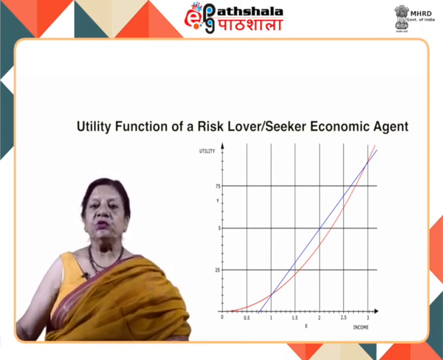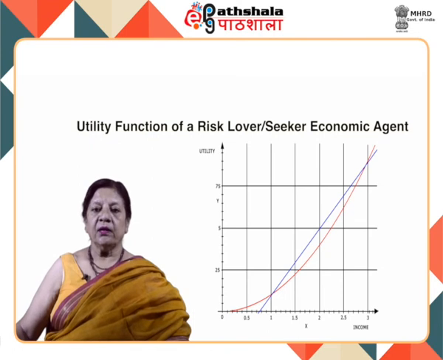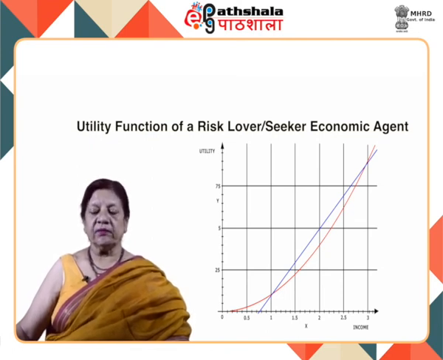The expected utility of outcomes, which is 5, corresponds to an income of 2.236 units of income, which is the certainty value of the risky prospect.